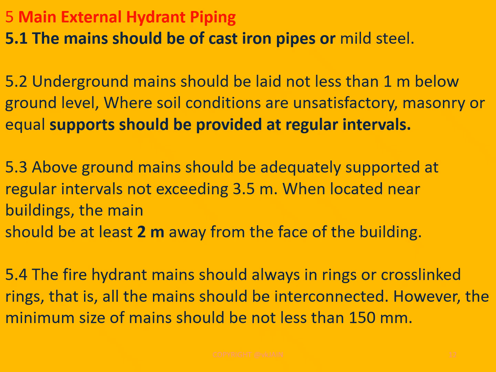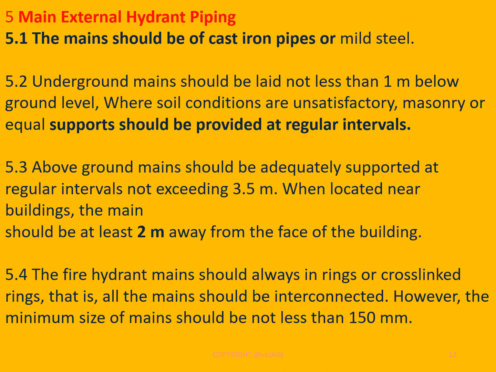That means I'm talking of the ringman to be provided. Underground mains should not be less than 1 meter below ground level. Where soil conditions are unsatisfactory, masonry or equal support should be provided at regular interval.